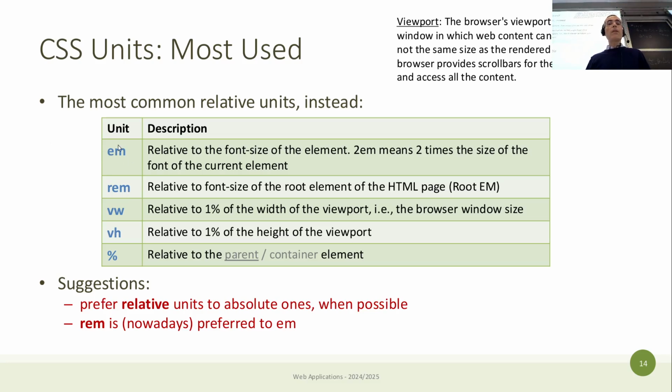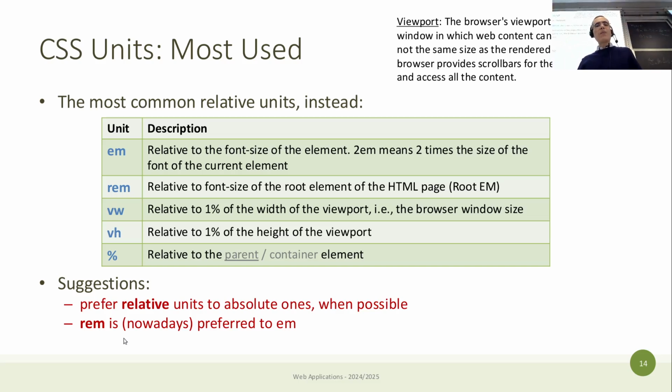Em is relative to the font size of the element. Sometimes it's useful because you don't know the font size of the element, and you say it should be more or less the same size as the basic size of a letter written inside the element, and you don't care about how many pixels and stuff like that.